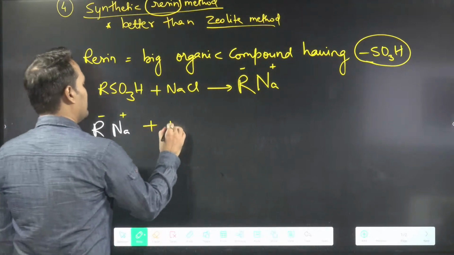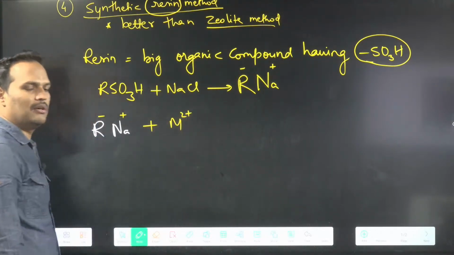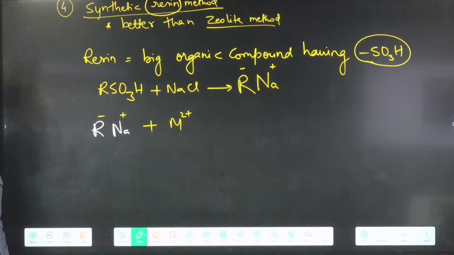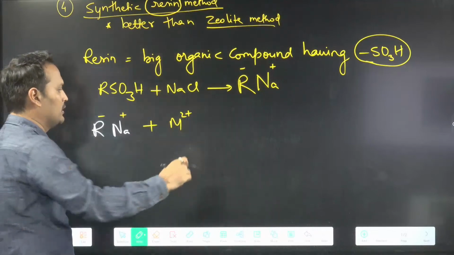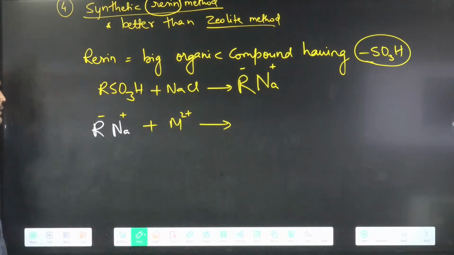Now again, this friend is creating hardness again. So what I will do, I will put M2 plus on the resin. Now what will happen? Can you guess the product?